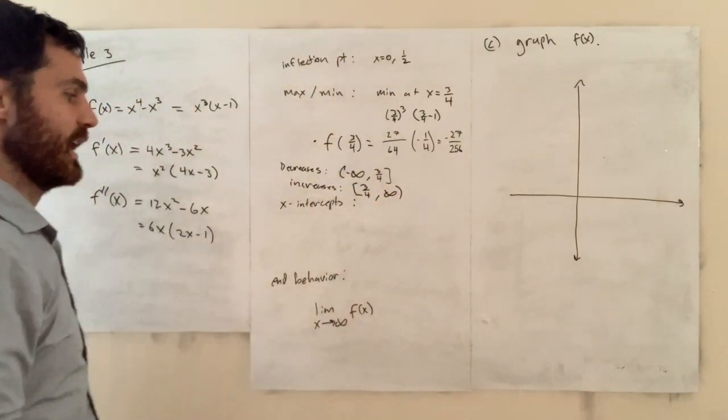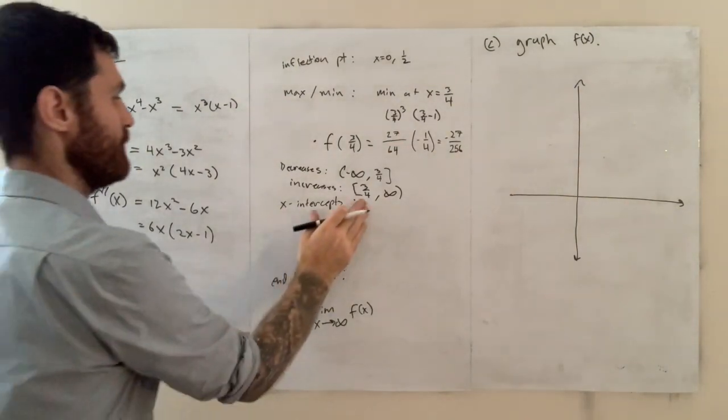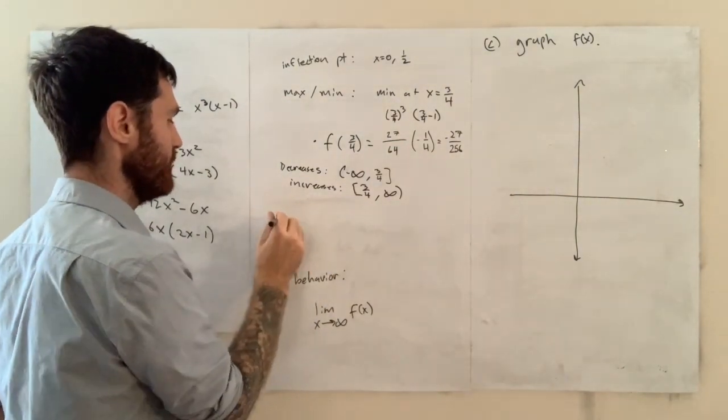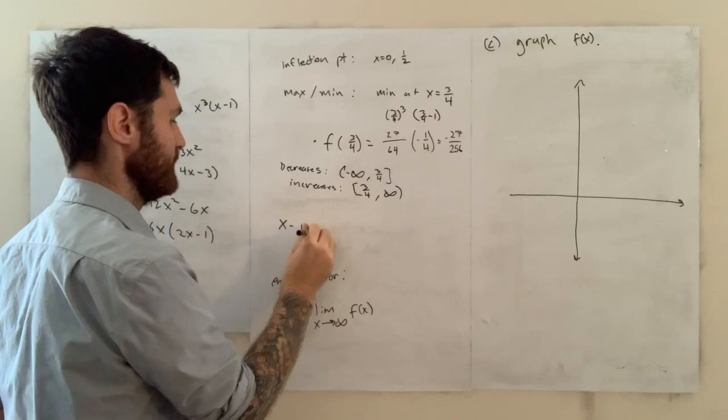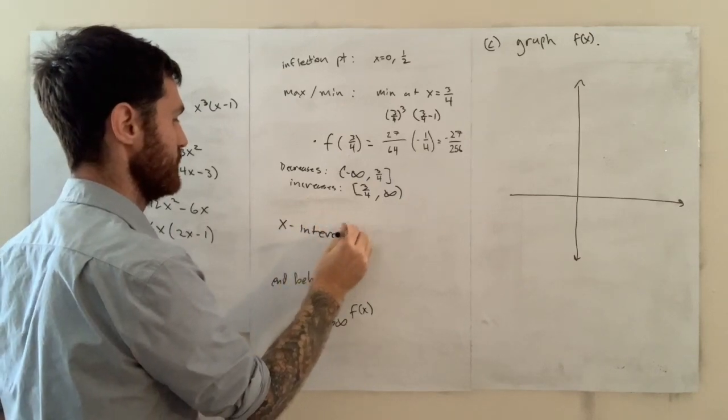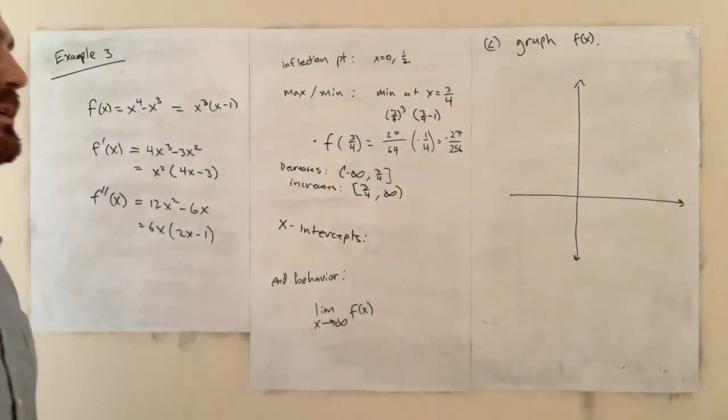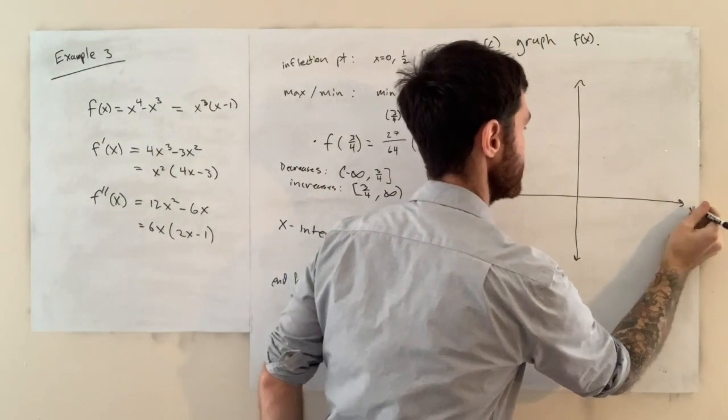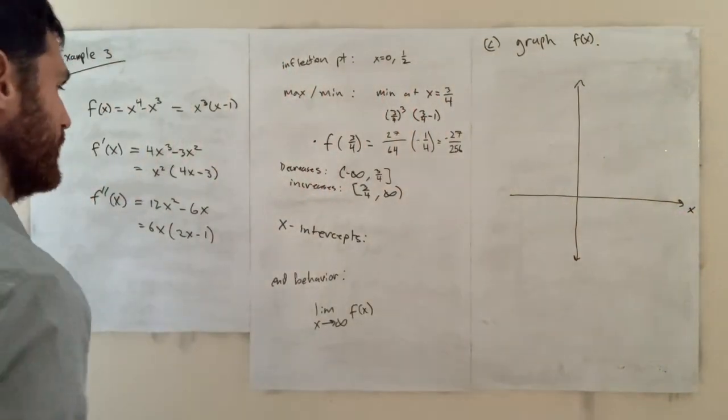So we're going to see that at play here. A couple other things you want to keep track of is we can find the x-intercepts of the graph. That's going to be where it crosses the x-axis. You can also find the y-intercept.